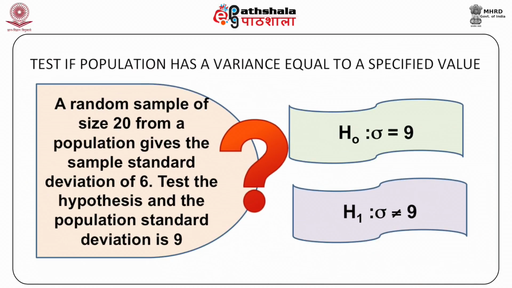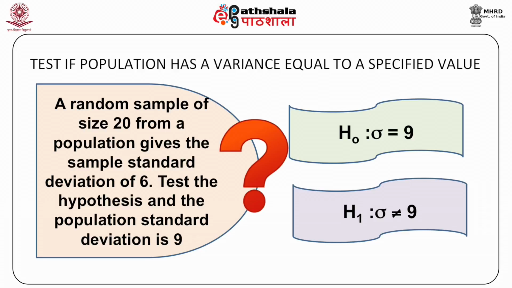Let us understand it with the help of an example. A random sample of size 20 from a population gives the sample standard deviation as 6. Test the hypothesis and find out whether the population standard deviation is 9.